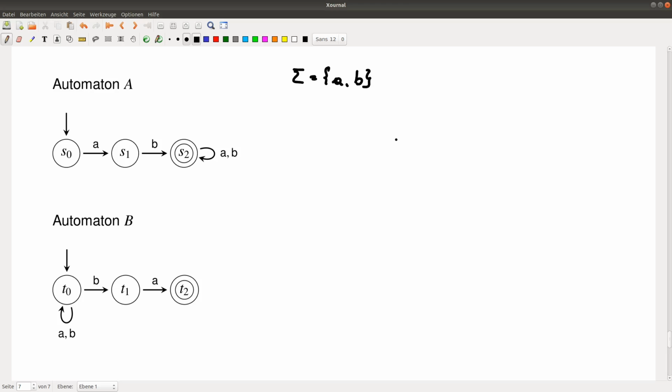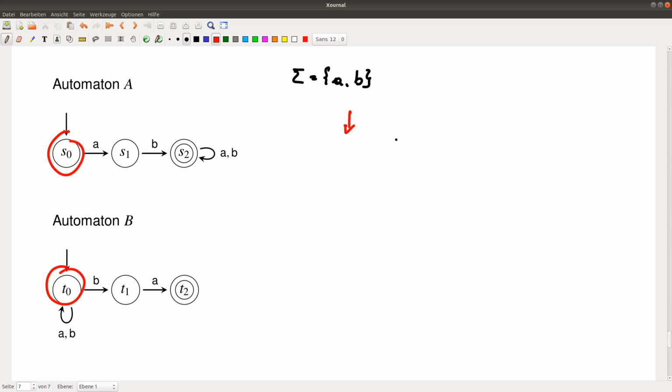And now let's see how we construct the product automaton. If I would do it on a blackboard, I would use my fingers and point to the state I'm currently handling. So I now mark it with red. I'm now handling this state and this state.